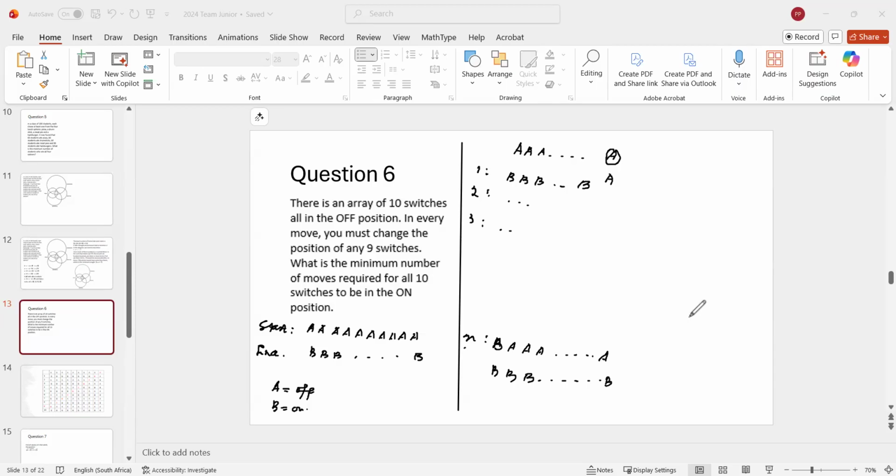Now this becomes quite complicated, so let's just take an example. Suppose we work with 4 A's instead of 10, and I don't move that. I put a ring around that which is not moved. So these switches are changed, and this is not. Now this is after the first move.